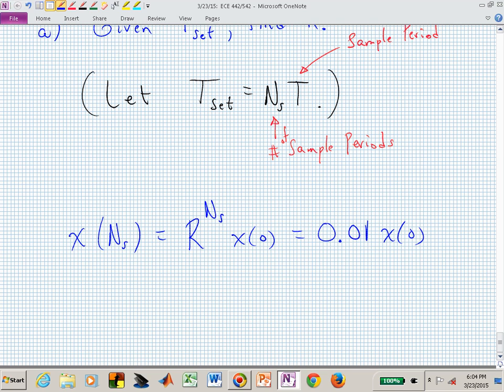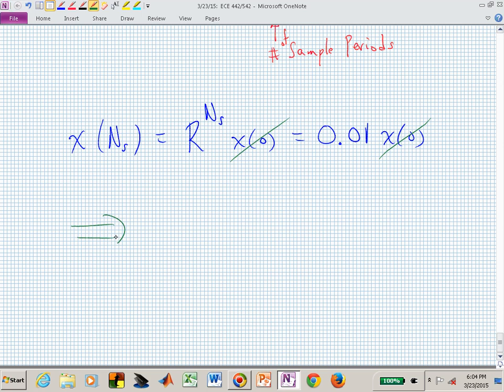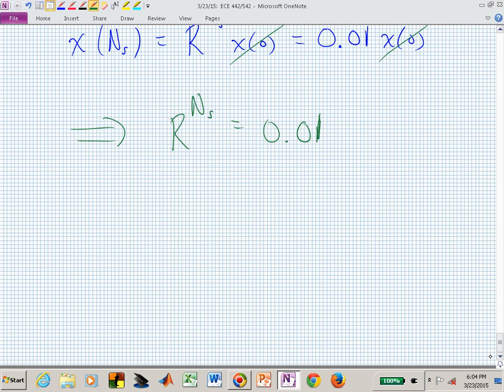So this is the relationship that you can recall if you're trying to find the radius R for a given number of samples to be within 1% of where you started. We can cancel the initial condition, and we can now say R raised to the N sub S is 0.01, and we know how to solve for that.